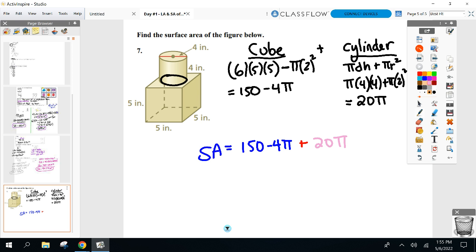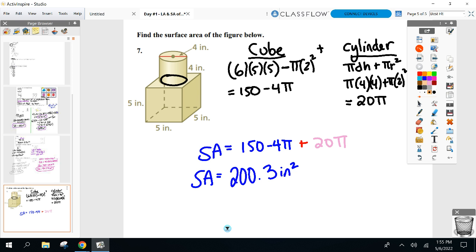And I apologize for no rounding directions. Let's just go nearest tenth to finish this off. Nearest tenth. .3 square inches.